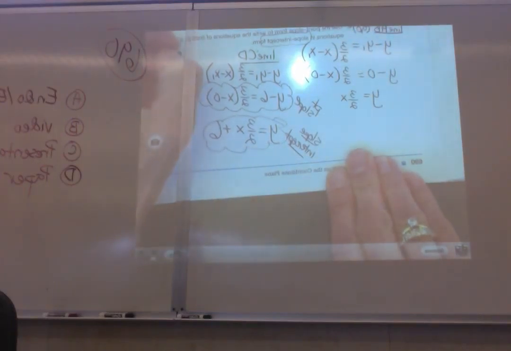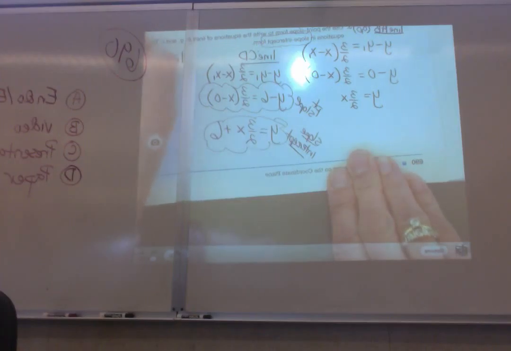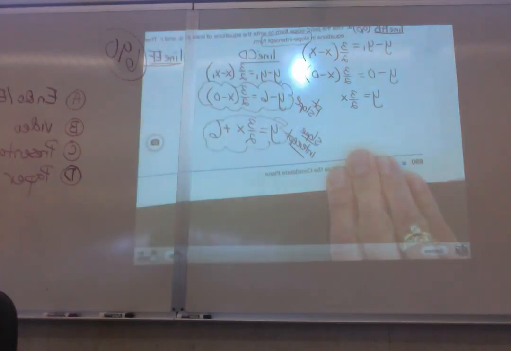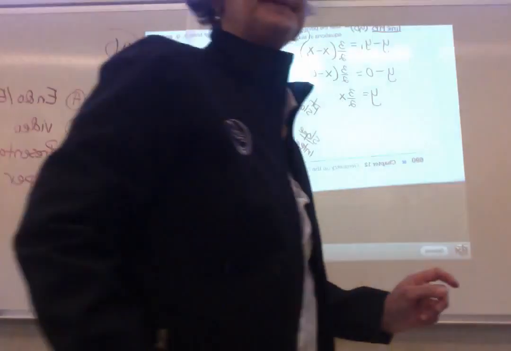Okay, I'm going to walk around. I want you to do what I just did for line EF. Use that point slope form and it'll start out just like this to get yourself an equation for that line, please.